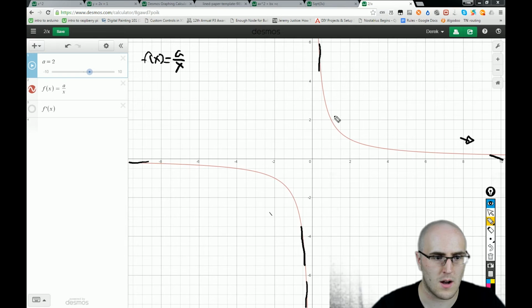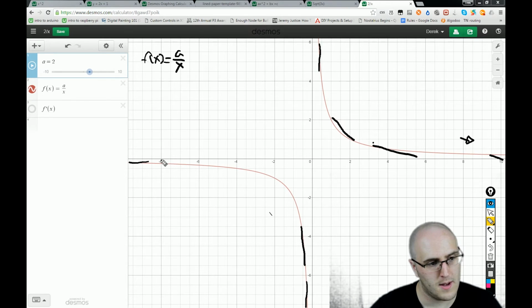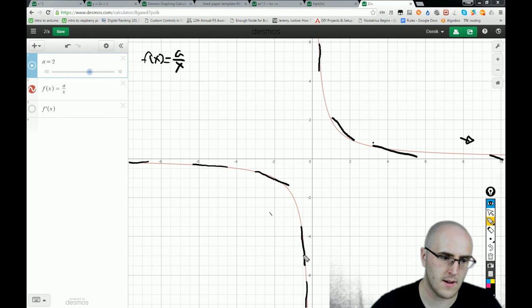So our function is always decreasing as far as slopes are concerned. All the slopes are negative. So we have 0, slightly negative, more negative, more and more negative, infinitely negative, less negative, 0.